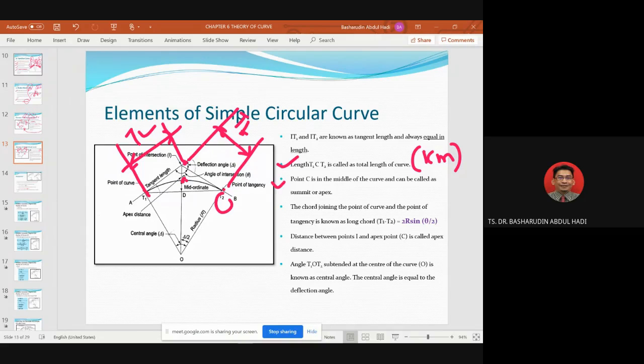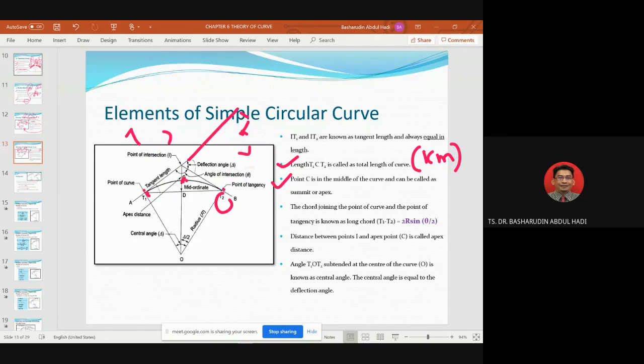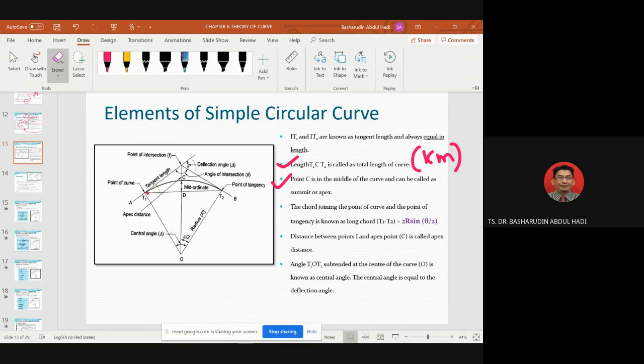Okay, what is point C? Point C is in the middle of the curve and can be labeled as summit or apex. So we are going to erase this one. Okay, we go for this one.